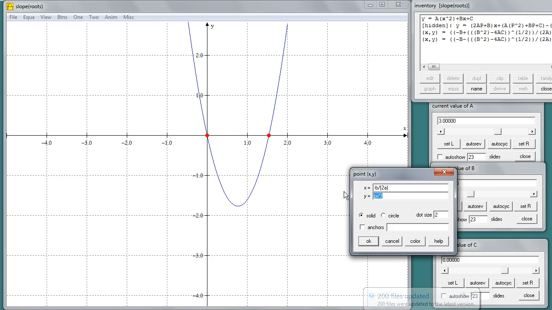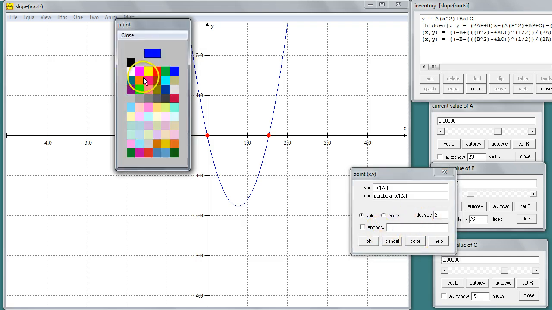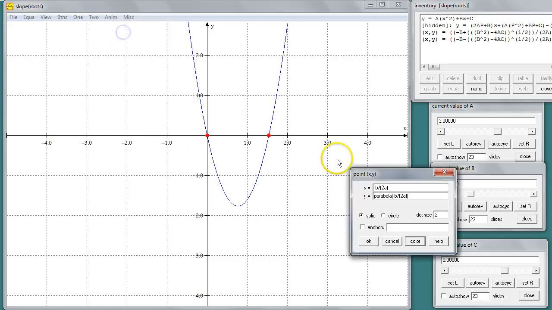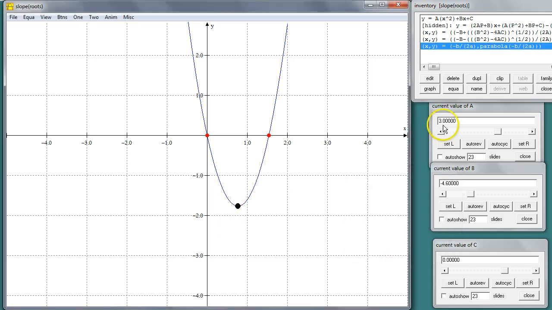So I created a function, I call it parabola, of negative b over 2a, and let's put a solid dot, and let's put a color, black, and let's make it big so we can see it, about size 5. Okay, see if it's there. There you go. Do you see?